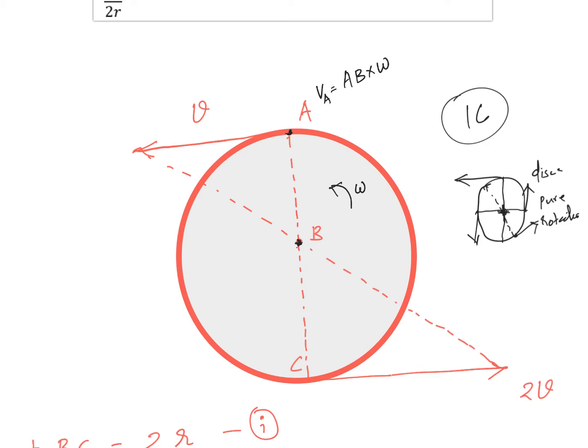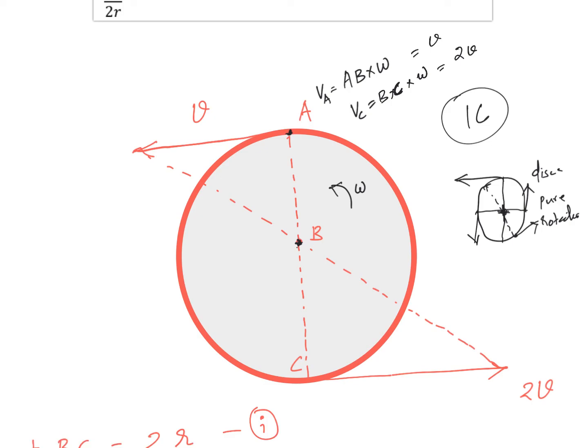Similarly, extending the same argument, the velocity of point C is BC times omega, since it is undergoing pure rotation about point B. We know VA is V, and VC is 2V.